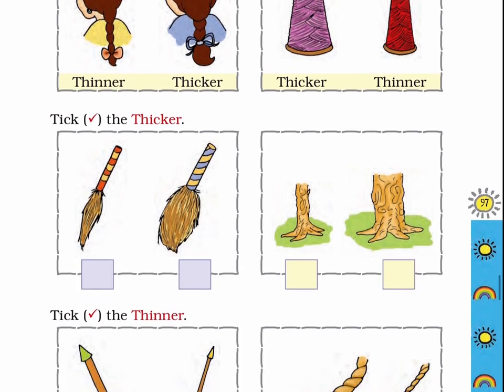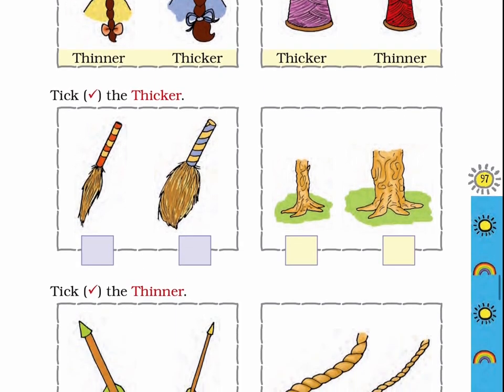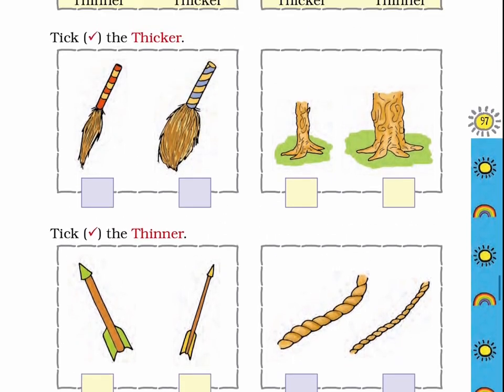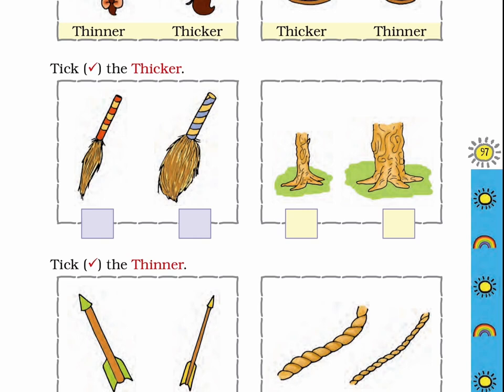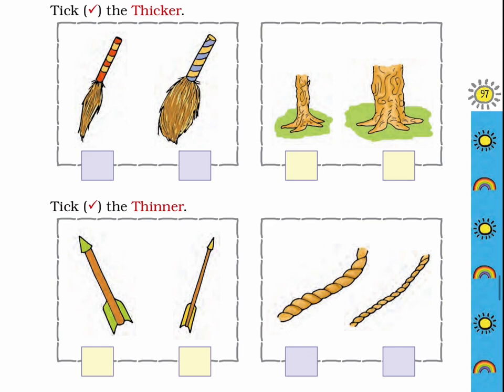Part 2 picture 1 shows 2 brooms. Broom 1 has less sticks and broom 2 has more sticks. You have to tell which broom is thicker, broom 1 or broom 2. Picture 2 shows 2 tree trunks.